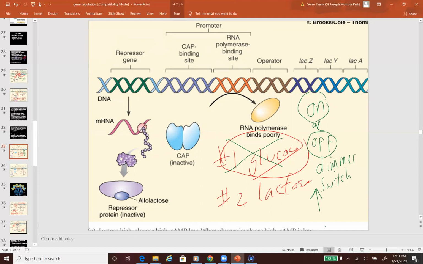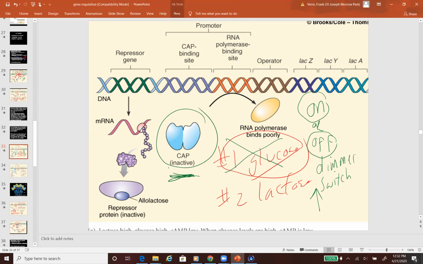And how it does this is there's a protein, and that protein is called CAP. You can see it right here. Now, you can see it says that CAP is inactive. CAP is inactive, basically in a simple way, when glucose is present.